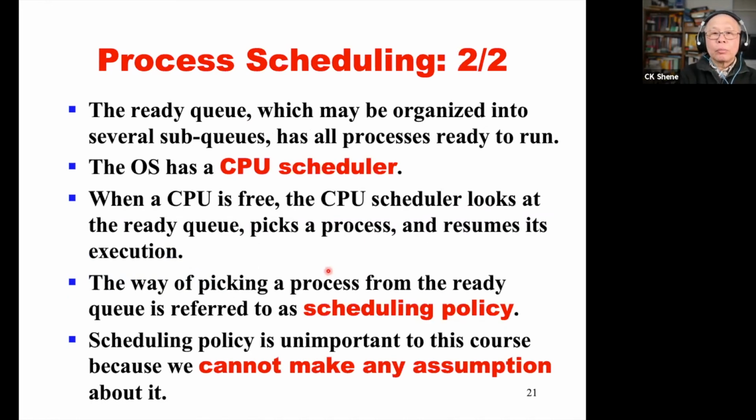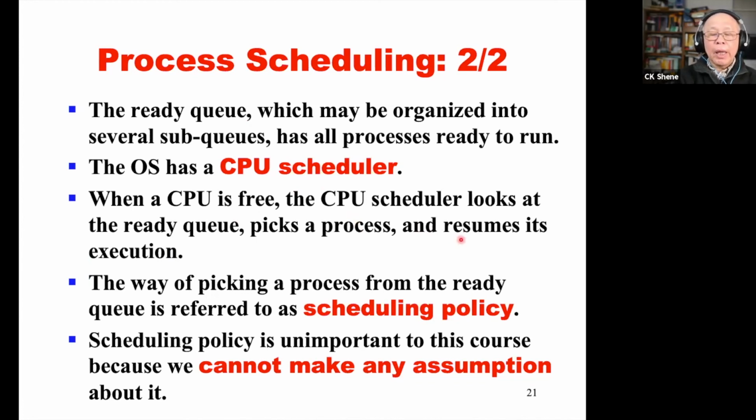So when a CPU or a CPU core becomes available, a thing called the CPU scheduler inside the system would search this ready queue or ready queues to find a process and resume its execution.